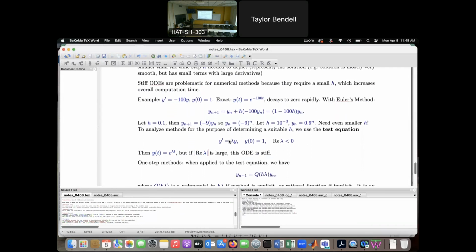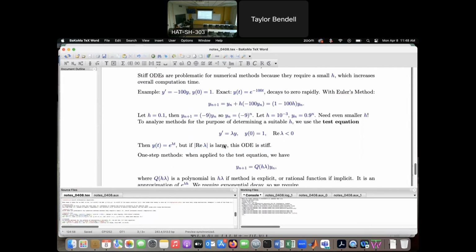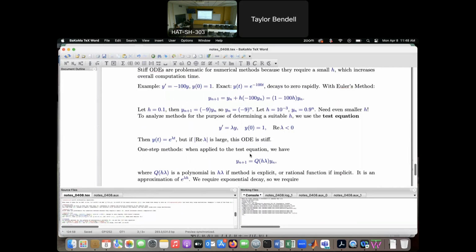So for one-step methods, when you apply to a test equation, you get something like this. You get y_{n+1} equals yn times some function of your time step h times the parameter lambda. Now, what kind of function is this?